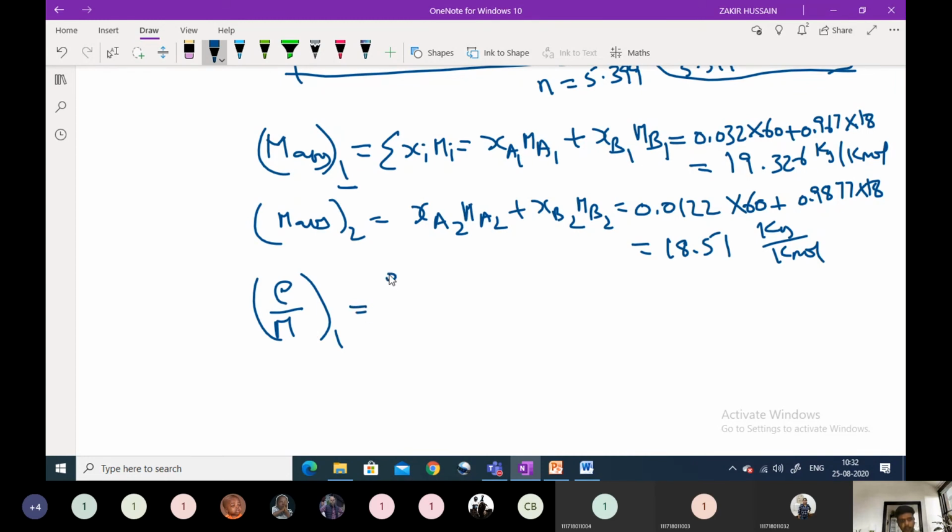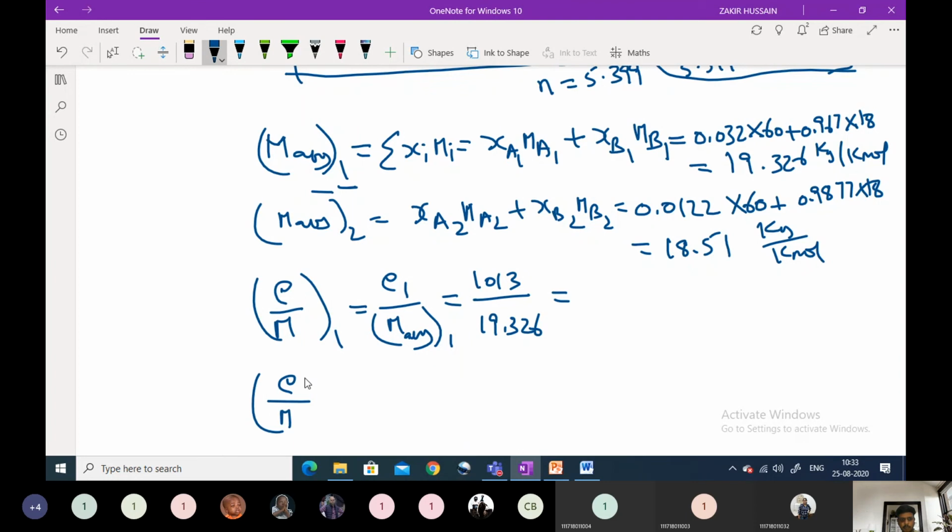Next we have to calculate rho by M at position 1. At position 1, rho by M is nothing but rho 1 by M average at position 1. Rho 1 they have already provided, 1013, divided by M1 average, 19.326. Then at position 2, rho by M is equal to rho 2 by M average at position 2, which is 1004 divided by 18.5.